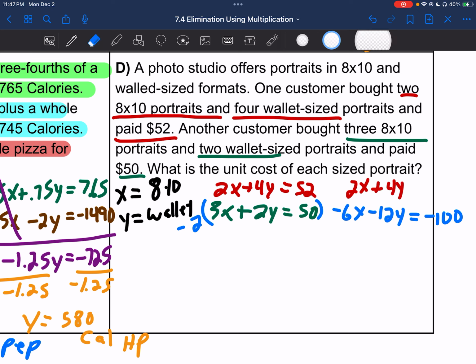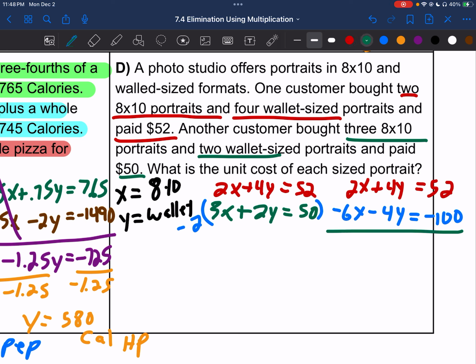Why did I say minus 12y? It's going to be minus 4y. All right, 2x plus 4y is equal to 52. All right, now add the two equations together.